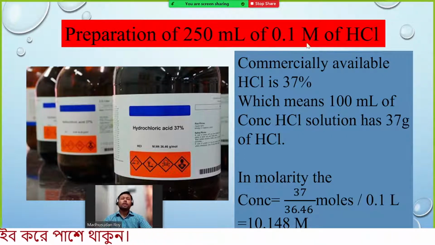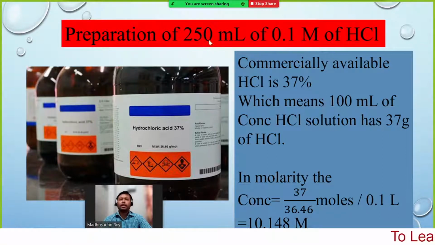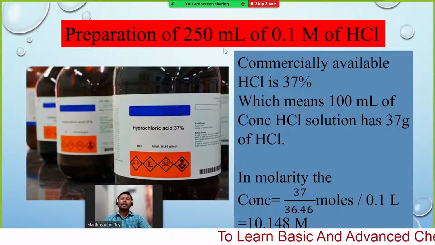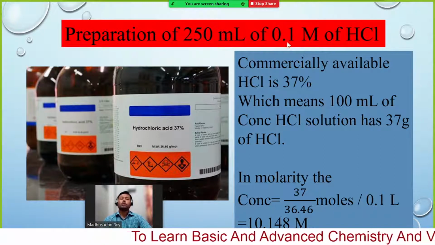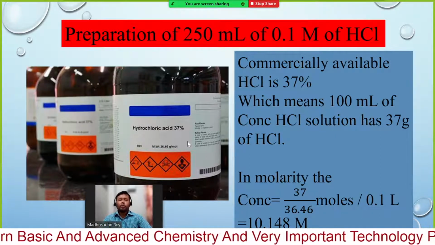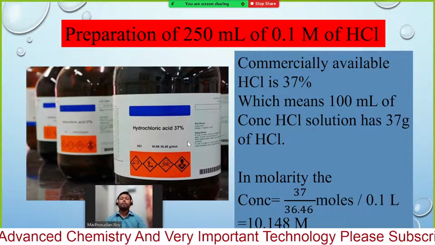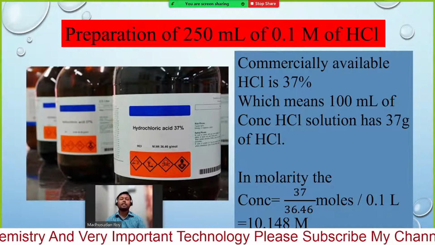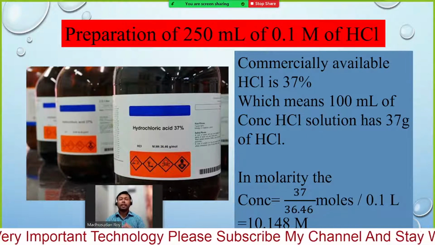So you have to calculate, using this number, what volume of hydrochloric acid you need to add to prepare 250 milliliters of solution so that the concentration becomes 0.1 molar. Normally you will purchase hydrochloric acid labeled as concentrated hydrochloric acid.